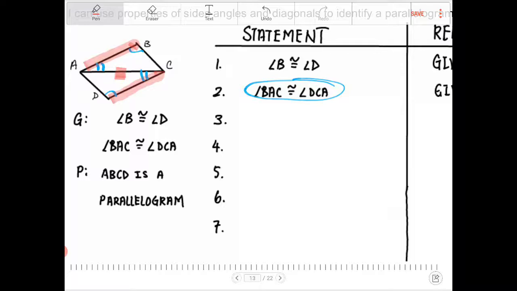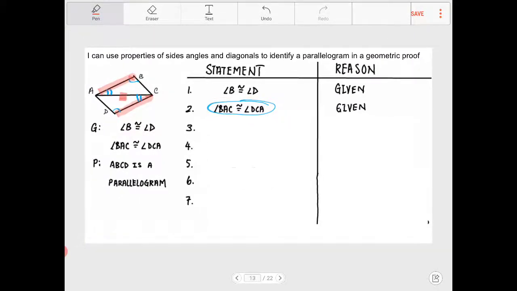And then lastly, I can say that AB is congruent to DC because of CPCTC. We need to prove that the triangles are congruent to one another, and then we can use one of the 5 properties to show why this is a parallelogram.